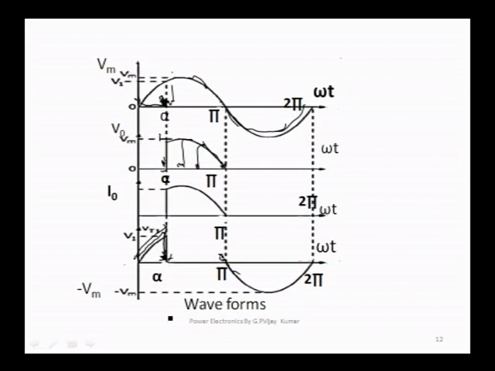The current is also the same thing. So, by varying the firing angle, you can vary the output voltage. This is the principle of phase controlled rectifiers. By firing the SCR at a desired angle, you can get the desired output voltage, or you can vary the output voltage.